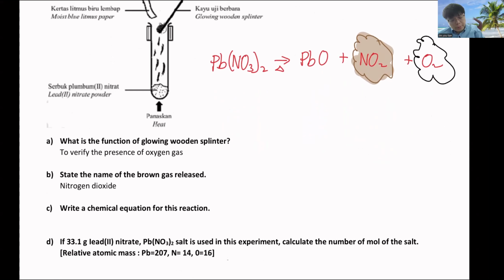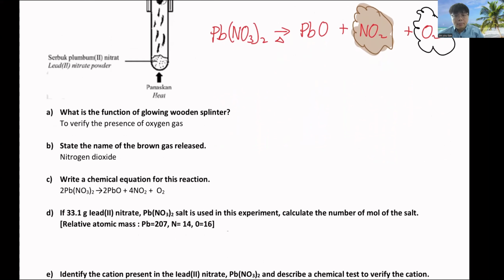So the chemical equation you can write in. The calculation, yeah, I can do a bit of calculation. So now they say that if they have 33.1 g of lead(II) nitrate, you need to find the number of moles, so the molar mass.